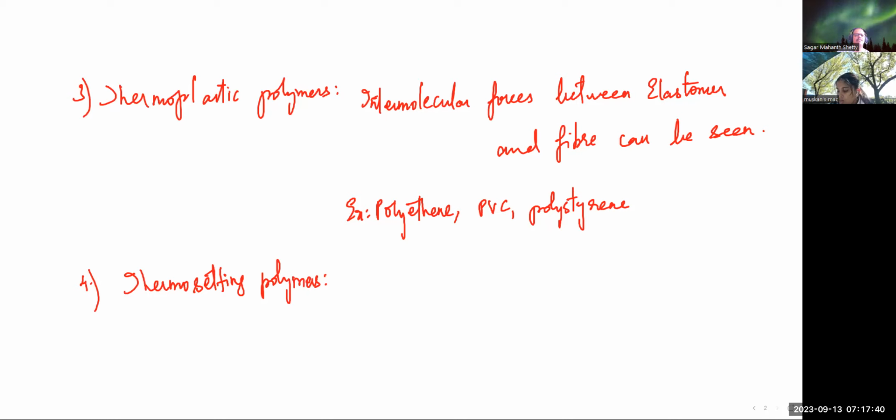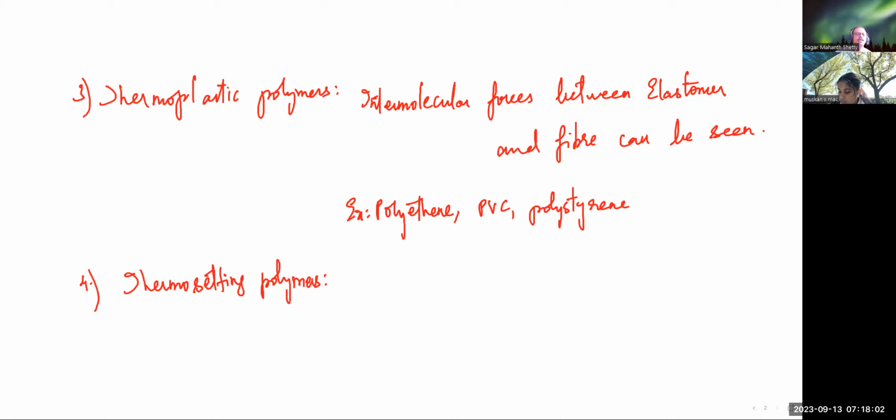When you heat them, they undergo extensive cross-linking. This cross-linking forms in molds, and they become infusible. Once you heat them and they take a shape, cast into a mold, you cannot soften them after that.